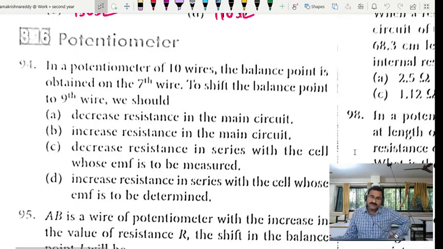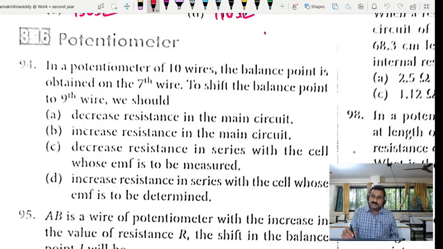All of you have to focus on this point. We are increasing the resistance in series with the cell. Increasing the resistance means what happens? First point, to increase the balancing length, the potential gradient should be less.